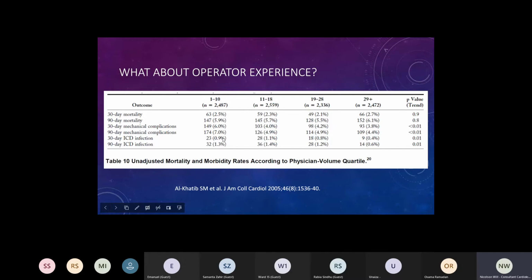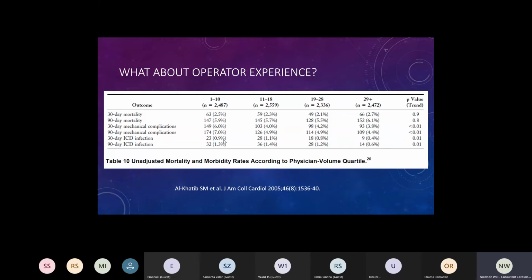But what about somebody who mainly does something else and just does 1 or 2 procedures a year, versus somebody who does quite a lot of procedures a year? You can see that for mortality, it doesn't appear to make much difference, although that's a very hard endpoint, and 30-day mortality is too early, maybe even 90-day mortality is potentially too early, but hopefully that isn't impacted too much.